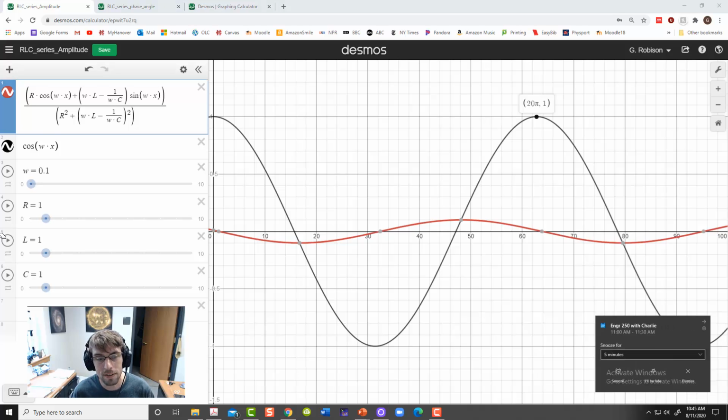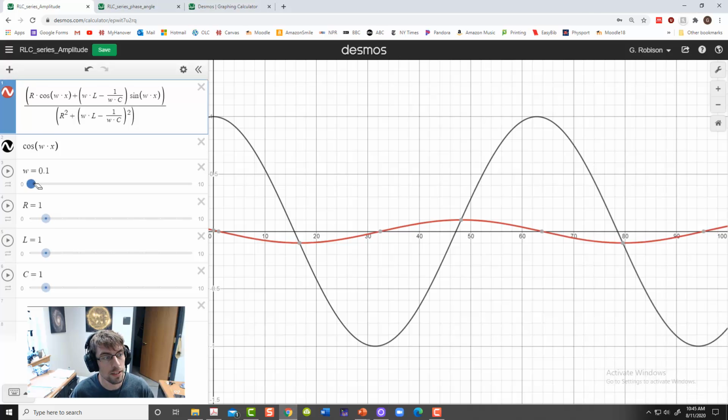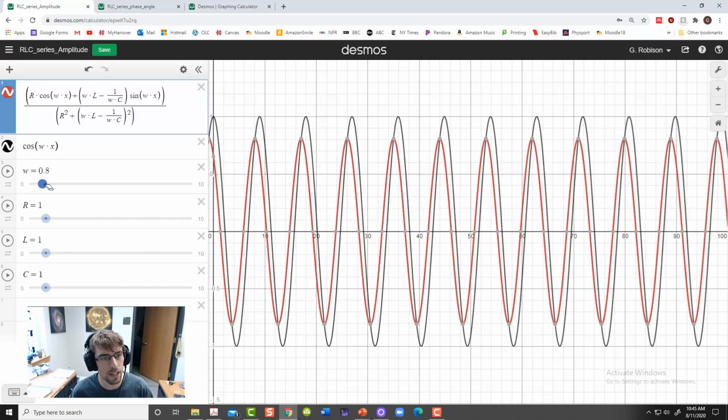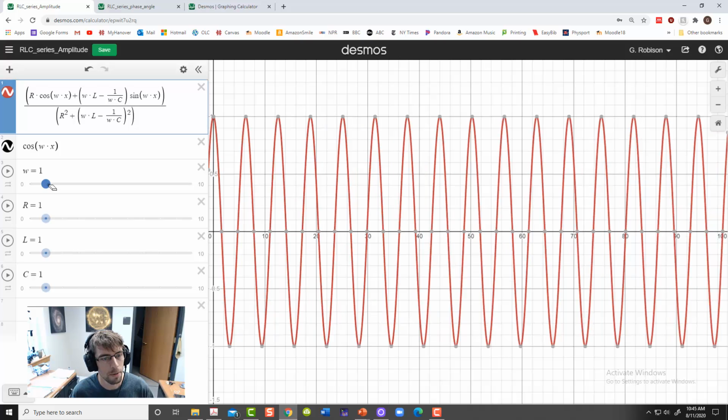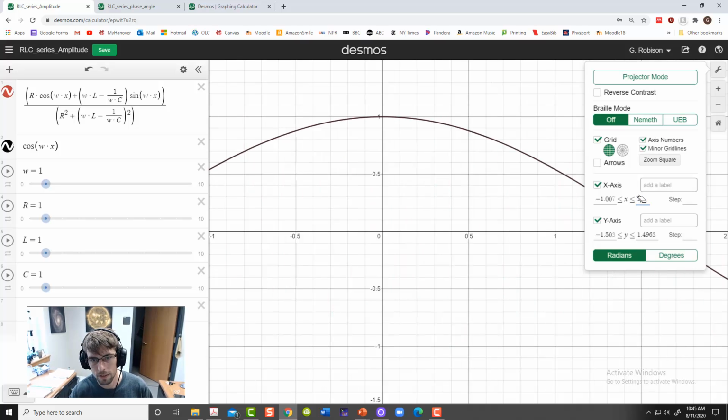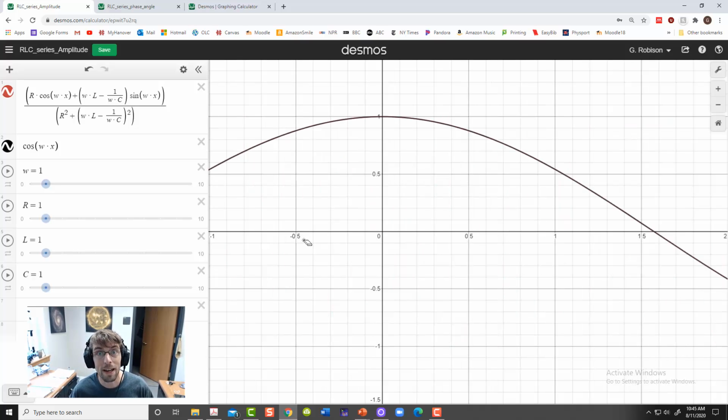Now, what happens if we continue? You see that as we increase, first of all, the amplitude goes up, but now all of a sudden those two lines are on top of each other. Right? What does that mean? While one is peaking, the other one is also peaking. They are completely in phase.